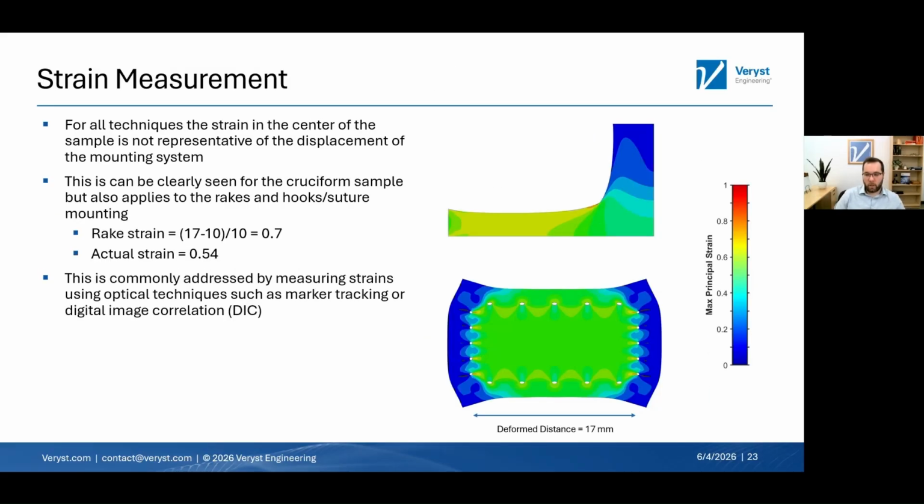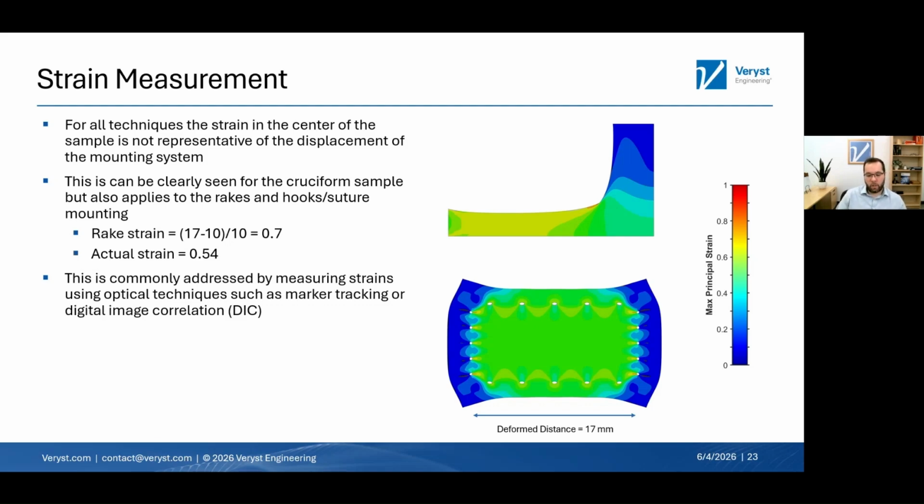So for strain measurement, as many people probably are aware, but not everyone, if you're performing a uniaxial tensile test on an ASTM type 5 dog bone, for instance, you really want to be recording your strain on the gauge region of your dog bone.